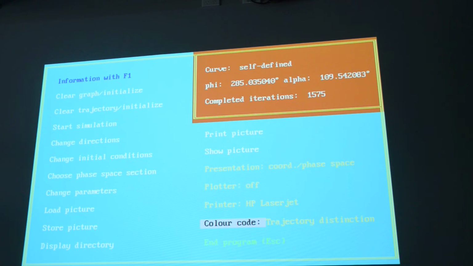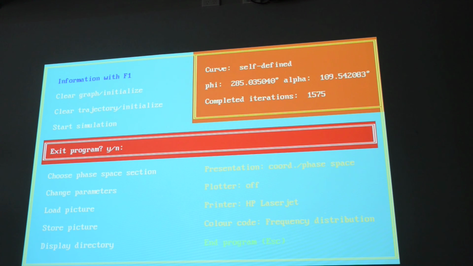I wrote it down, of course I wrote it down. Return? No. Oh well, too bad.